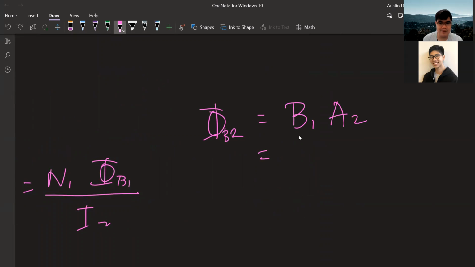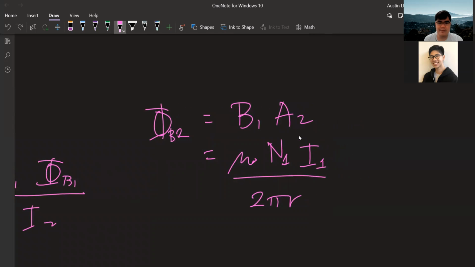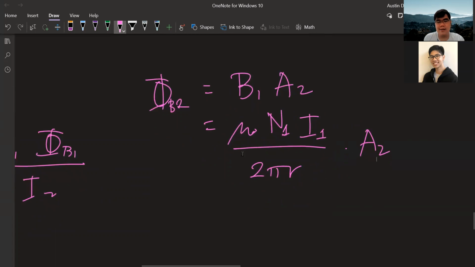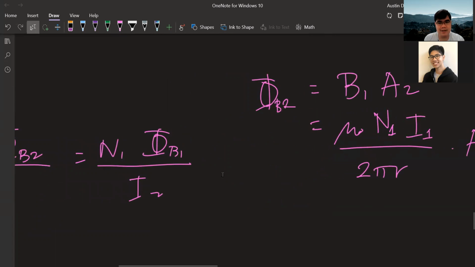Okay, so magnetic field nung unang toroid would be mu naught N1 tapos I1 divided by 2 pi r tapos times yung area. Okay, so with this, plug in lang natin dito.